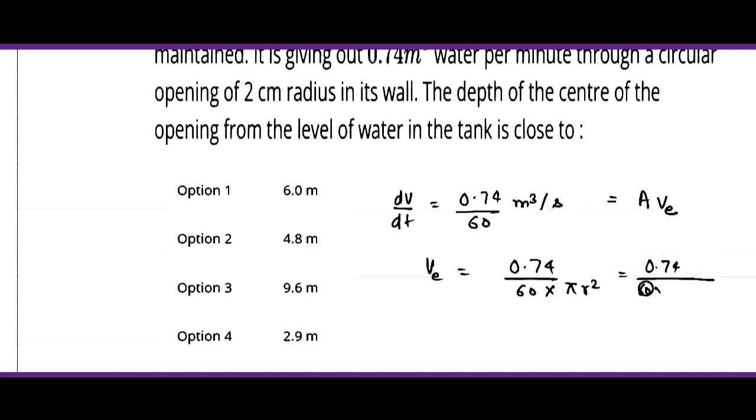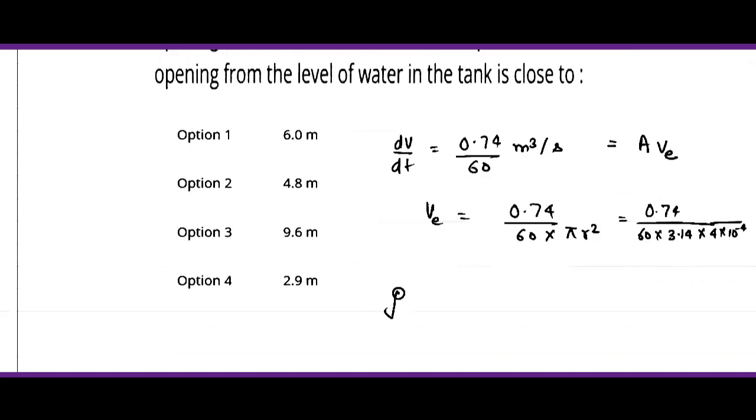I will equate it with under root 2gh, since efflux speed is that, under root of 2gh, that is the efflux speed. If you solve this, it is equal to 9.8.